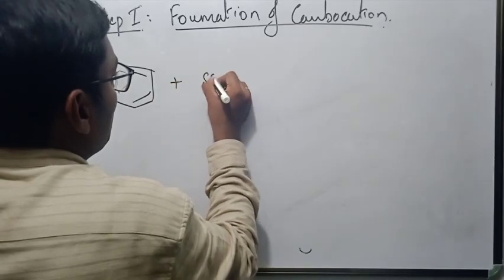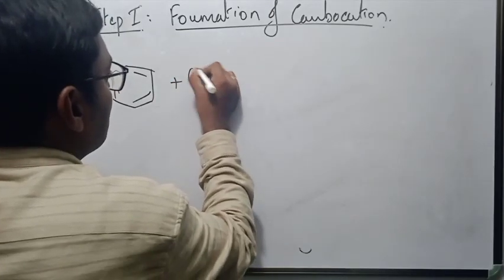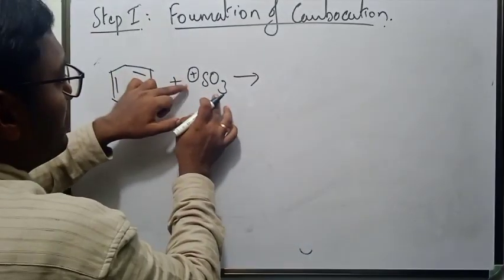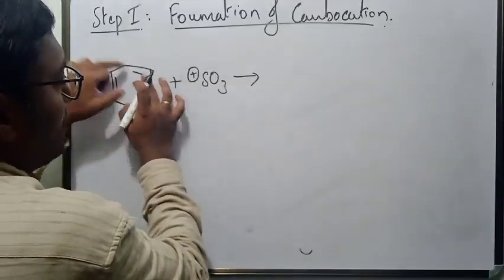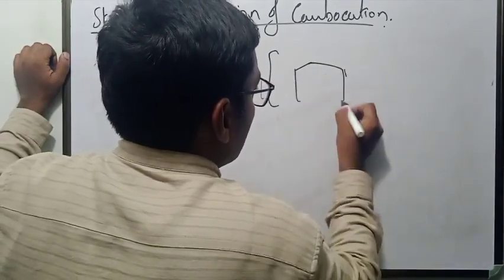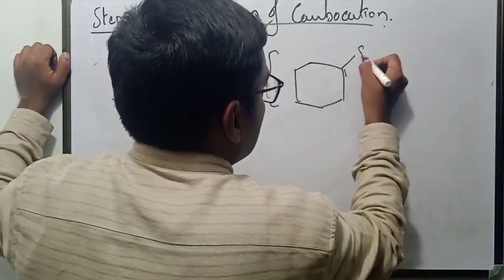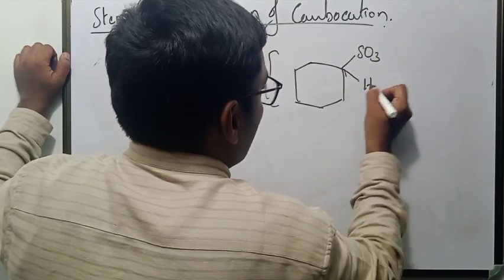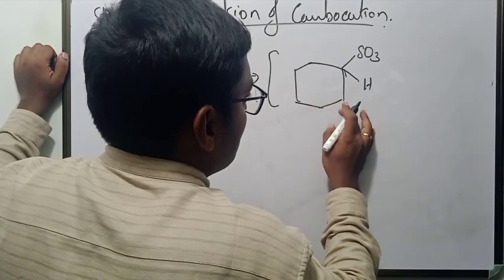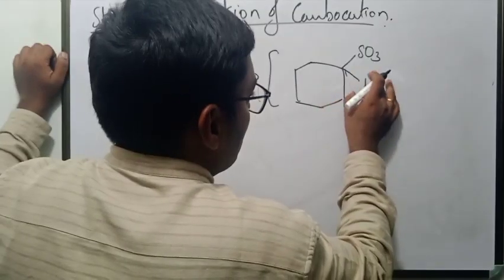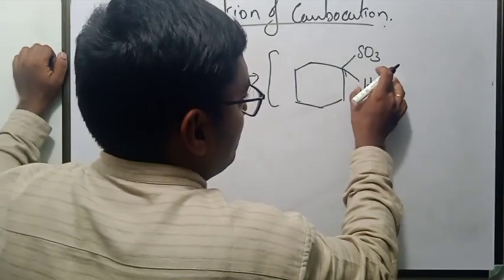Now SO3 plus, fine. Let's see, the positive electrophile takes this electron pair, suppose. Then what would be the structure? It would be like this, SO3, and I am drawing H here. Actually all the carbons have H, but I am depicting H here for better understanding of the mechanism.